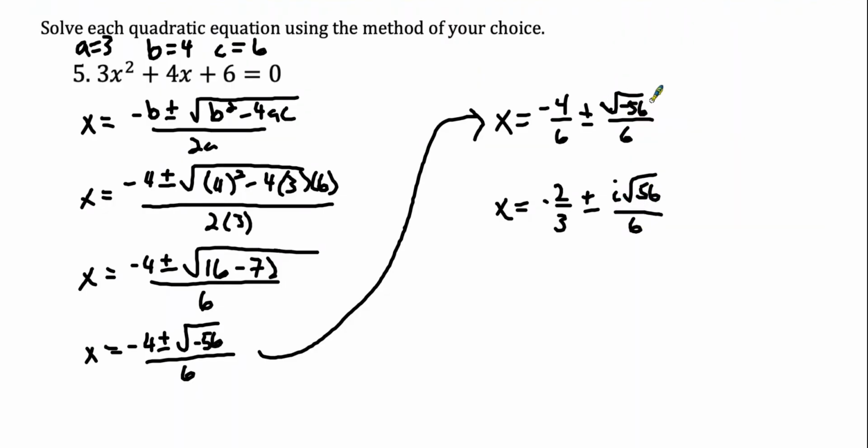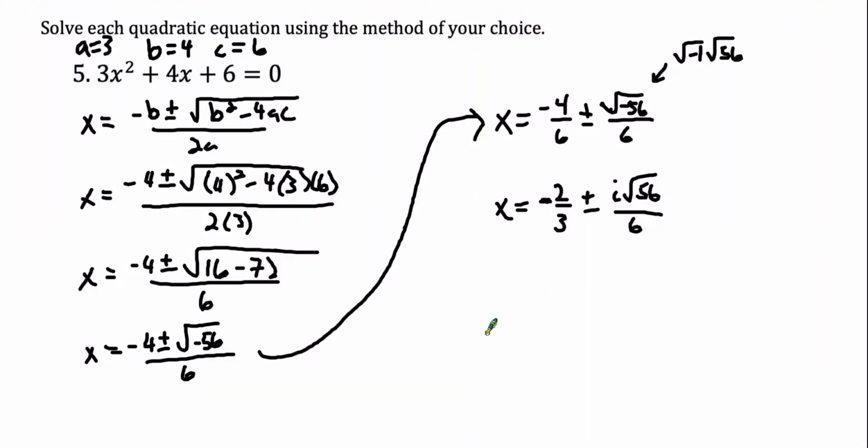So the square root of -56 I can write as i times the square root of 56. Remember, the logic behind that is I could split this up into the square root of -1 times the square root of 56, and then we know that the square root of -1 is just i. So this should be my final answer: negative 2/3 plus or minus i times the square root of 56.